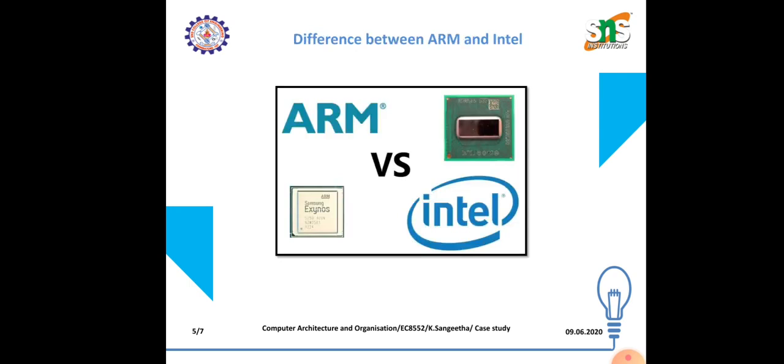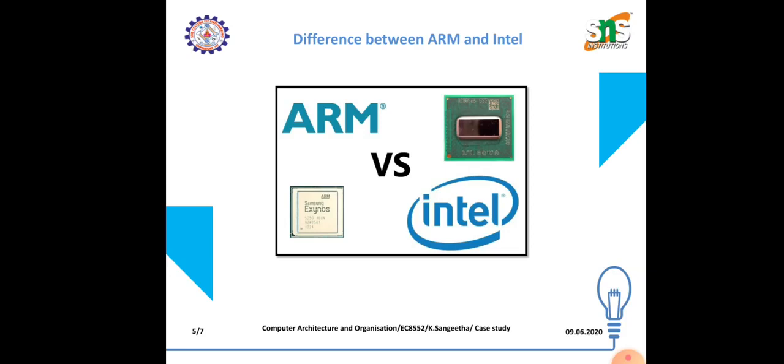So let us discuss the difference between ARM and Intel. Intel makes chips based on a very different architecture than ARM. The ARM architecture is used in smartphones because it's power efficient, as power efficiency is very essential for portable devices. ARM is a RISC architecture, that is reduced instruction set computing, while Intel is a CISC architecture, that is complex instruction set computing.